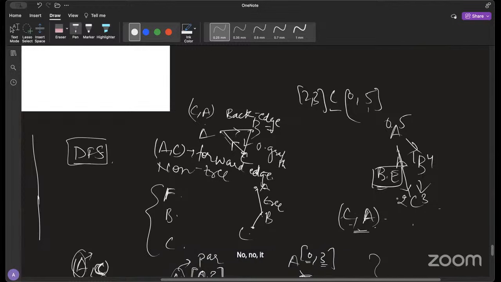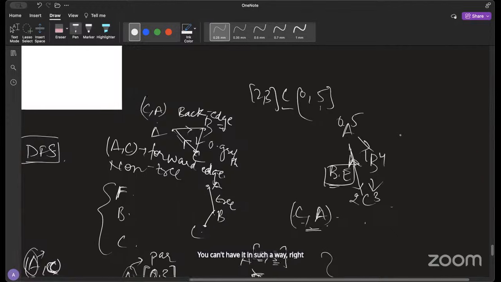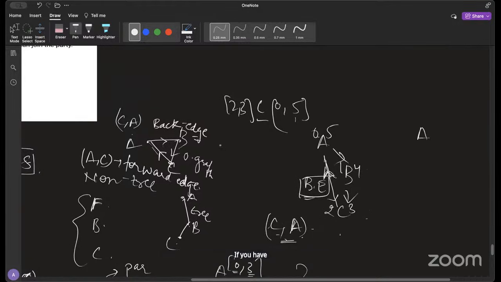No, it's not both. If the graph is given in such a bidirectional way, you can't have it in such a way. If you have AC in both ways, you start with A, then you go to B, C, and then you end at C. The DFS tree is not going to change, and the numbering is also not going to change.